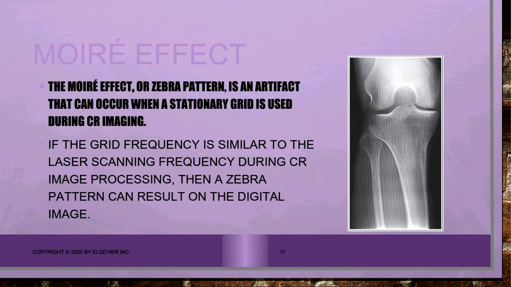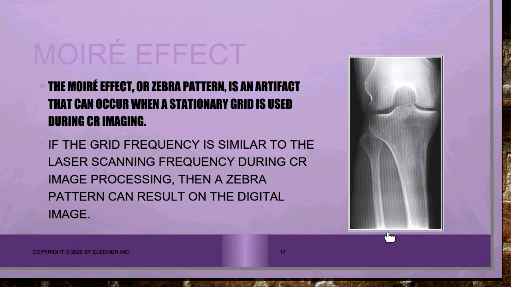Another error that we can see, especially with digital imaging, is called the Moire effect. The Moire effect is a zebra pattern. It displays like a zebra pattern on the image, and that comes about when you use a stationary grid with CR imaging. So you're using CR, which is a form of digital, and you use a stationary grid.